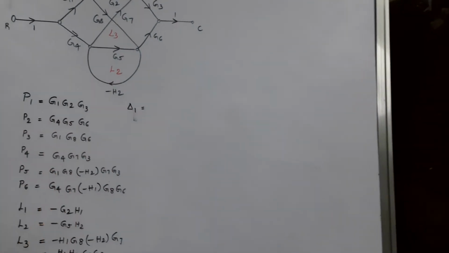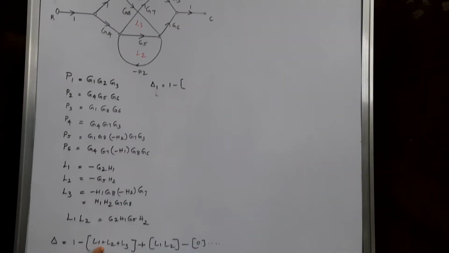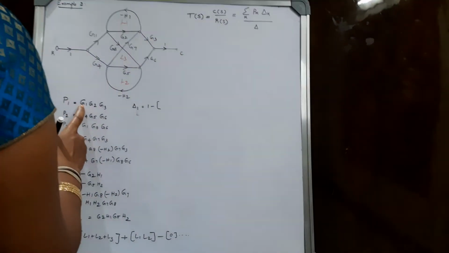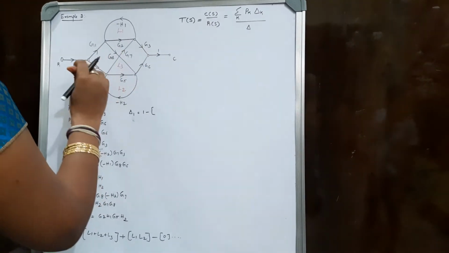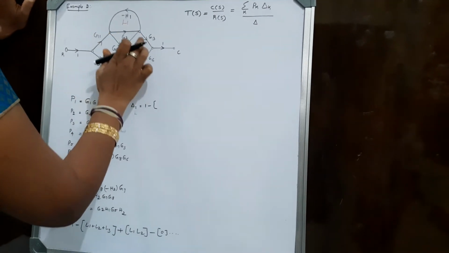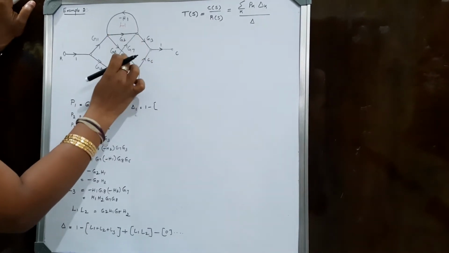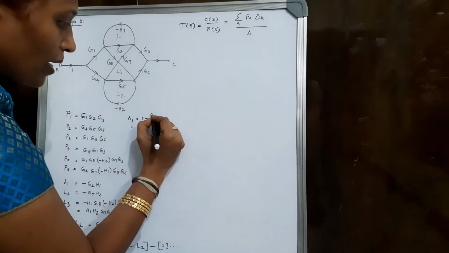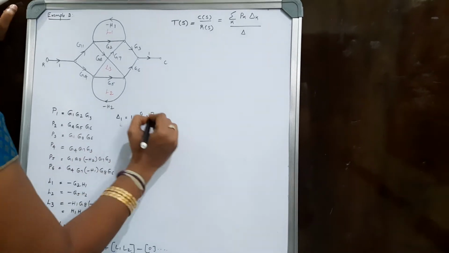Delta 1 will be the same as delta, that is 1 minus, but here I need to consider the loops which are not touching the kth forward path. This path being G1, G2, G3. If you consider this path here, L1 is touching and L3 is touching, but L2 is not touching. So I consider only L2 here.